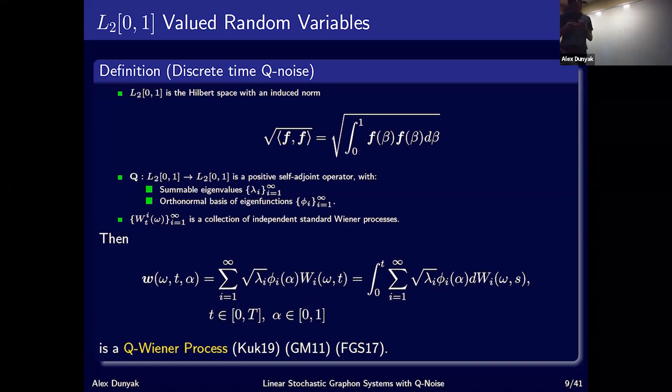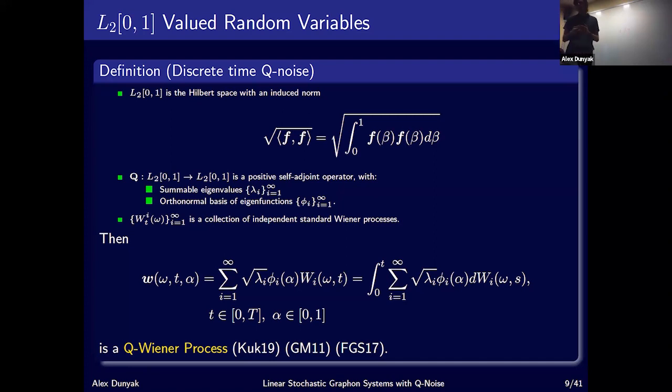We can create our Q-noise here as this W process as a function of omega, time, and the spatial index alpha, which is just the sum over the root of each eigenvalue of Q times one of the orthonormal eigenfunctions evaluated at alpha, times one of the independent standard Wiener processes.